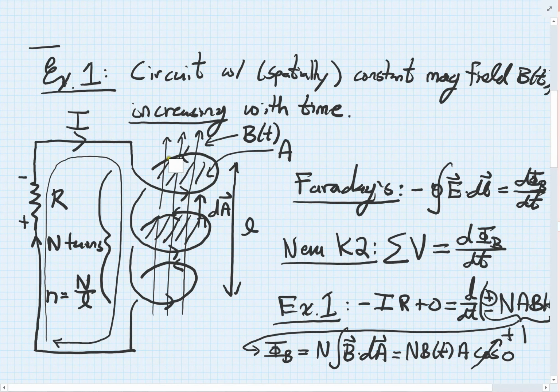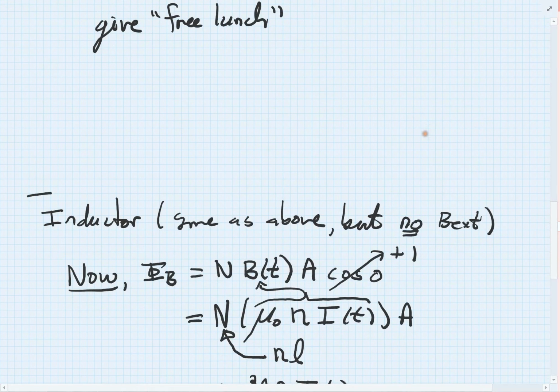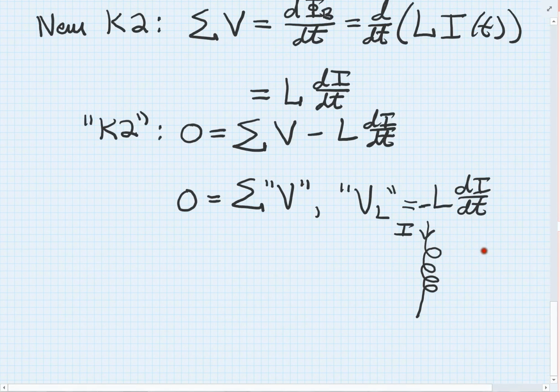And as we went around our loop in the same direction as the current, it came out with a minus sign. So when we go with the current, it's a minus sign. And if you think carefully about it, that's the same thing that happens with a resistor. When you're going with the current, when you're going downstream, the term enters your equation with a minus sign.